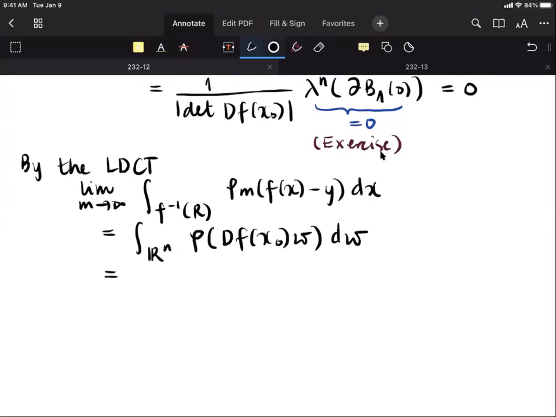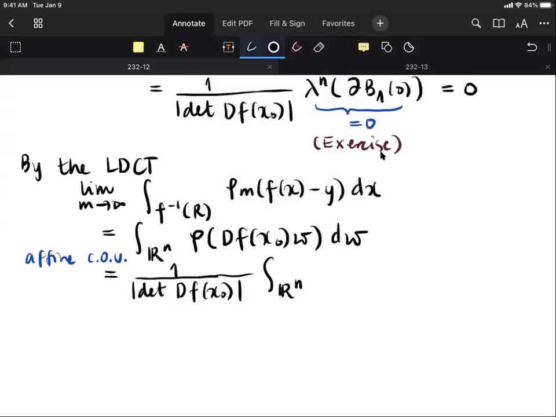Now we apply our affine change of variables formula, and you will notice that this is 1 over the absolute value of the determinant of the Jacobi matrix times the integral over R^n of rho of v dv.